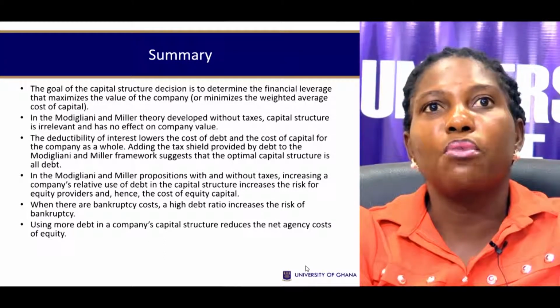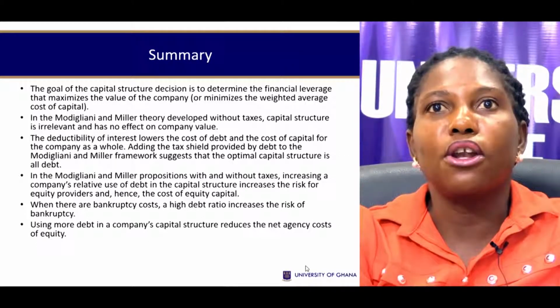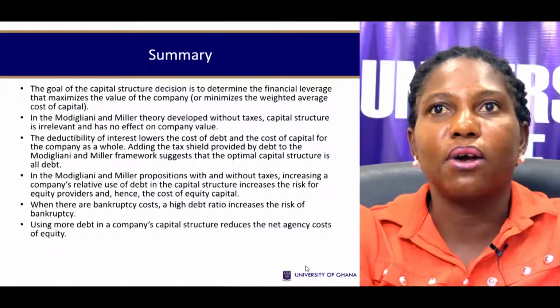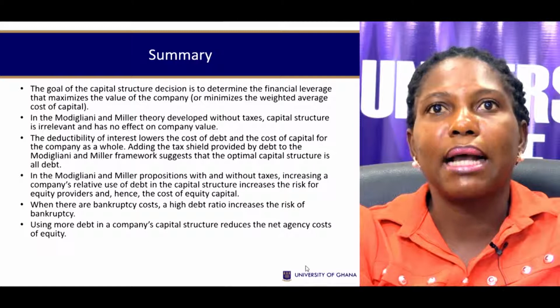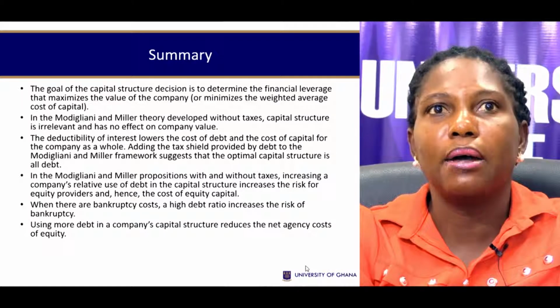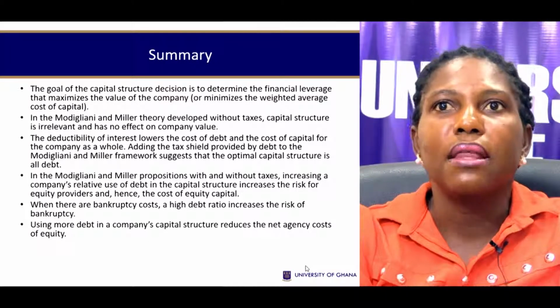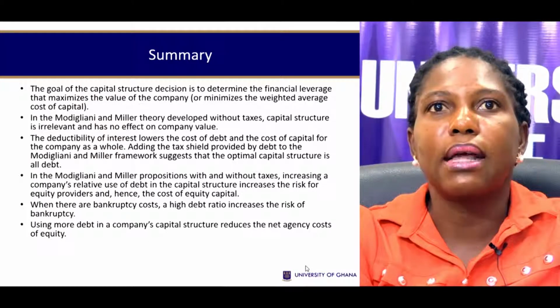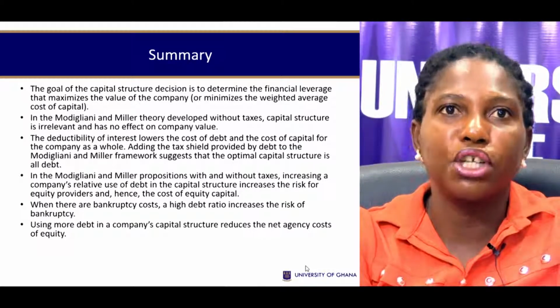Of course, when we include the deductibility of interest, it lowers the cost of debt and the cost of capital for the company as a whole. So when we incorporate taxes in the Modigliani and Miller Proposition 2, we are looking at the case that the optimal structure is all debt, because then it becomes cheaper.